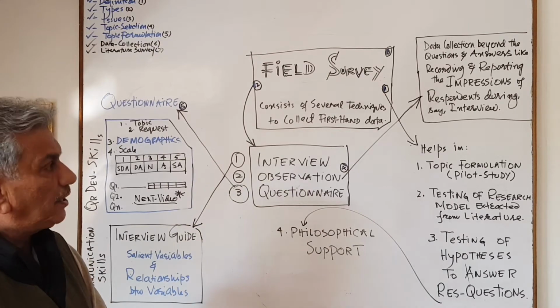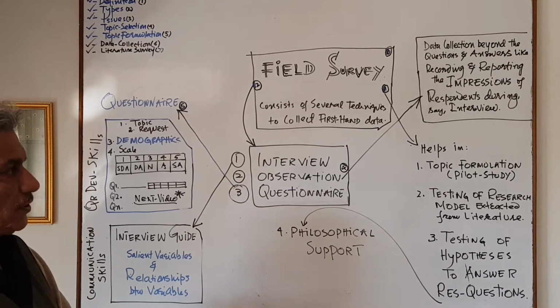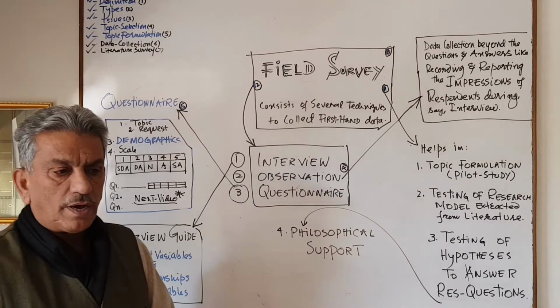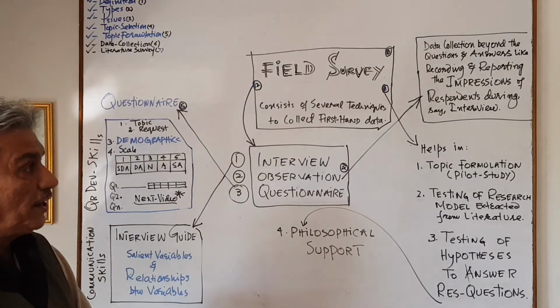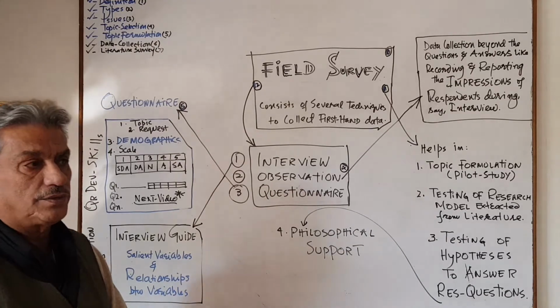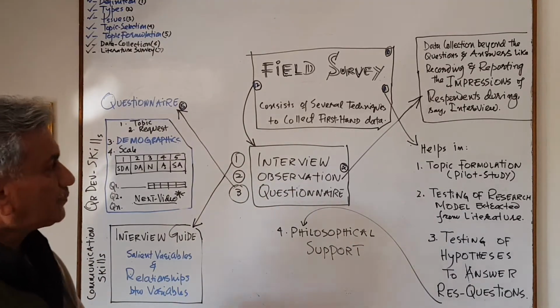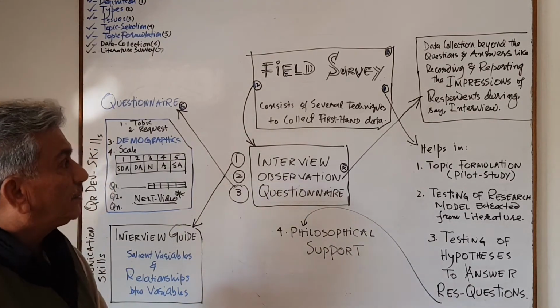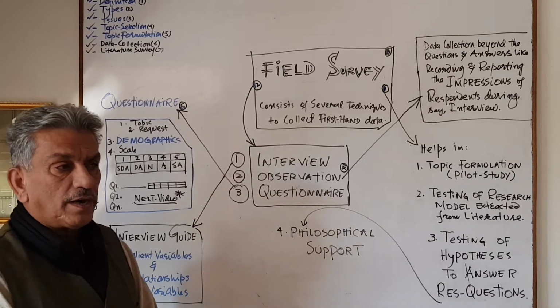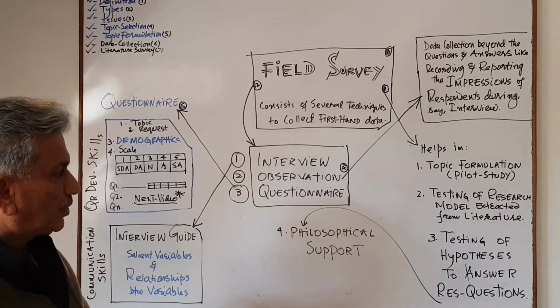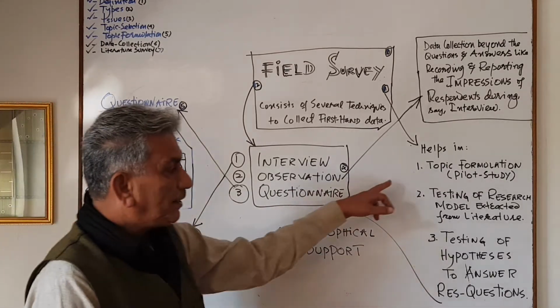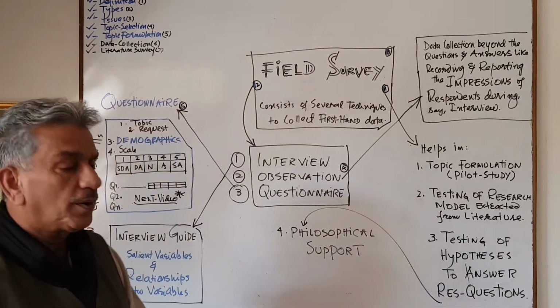It means that every social researcher actually works on a population or community from where the sample is selected and the findings will be applied on that particular population. So field study is also a big part of social research and it plays different roles in the social research. For example, it helps at the time of topic formulation.